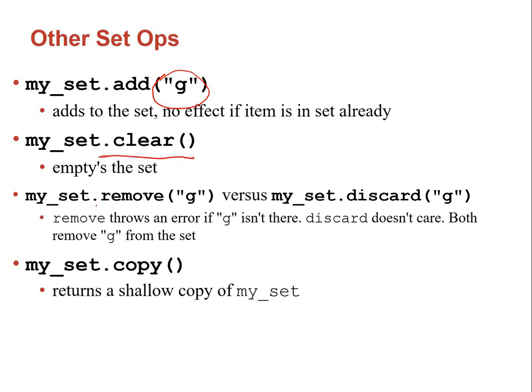You can also remove elements, and there are two ways to do so: you can use .remove or .discard. If the element is not in the set, remove is going to give you an error. Discard is going to remove the element, but it doesn't care whether it's in there or not. And the .copy method, as we've seen, creates a shallow, independent copy of the set.